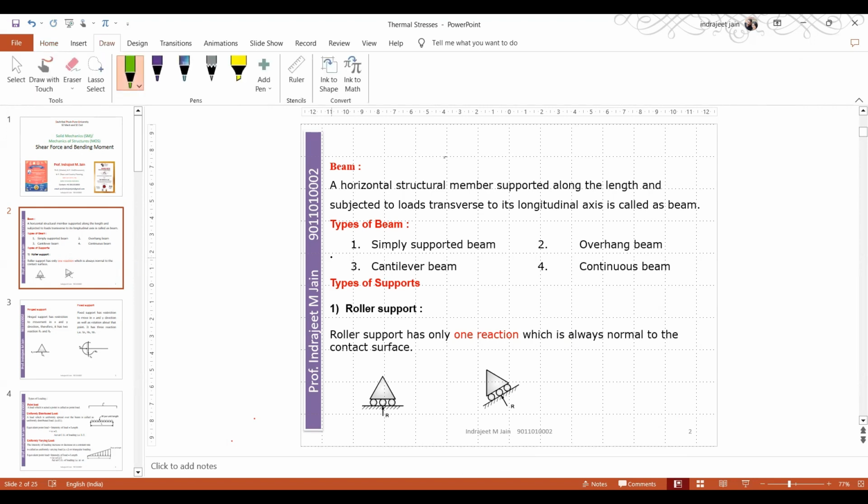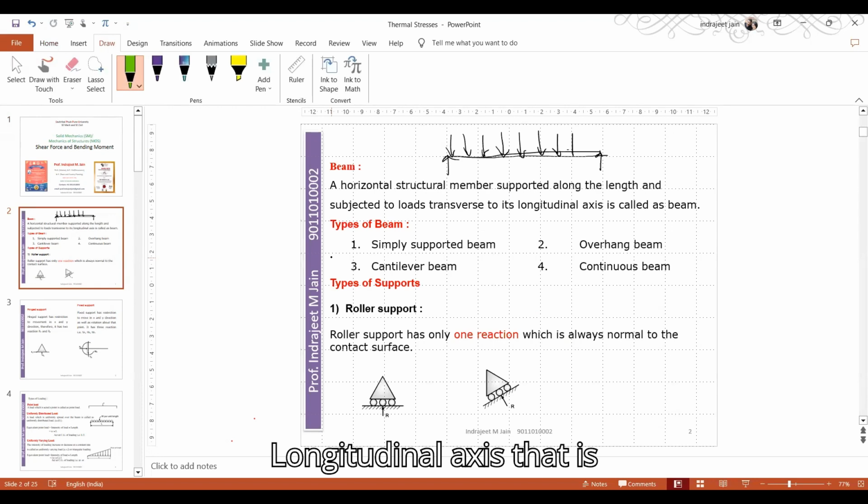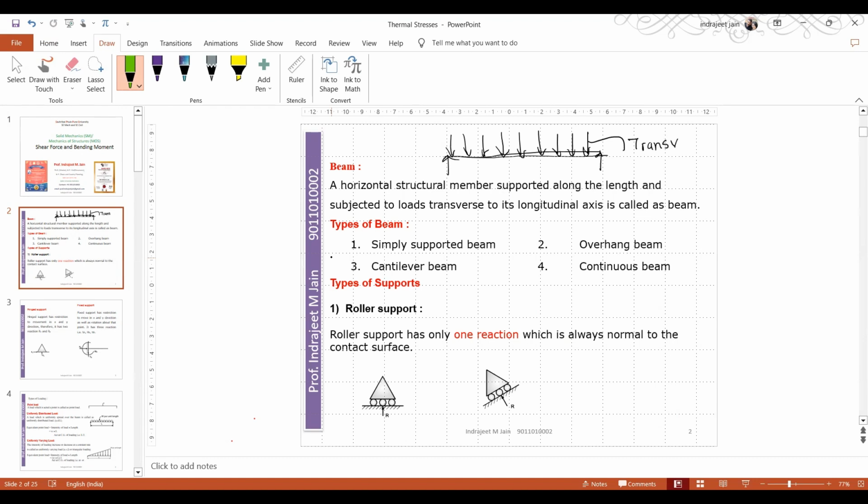Suppose this is your beam, this is the beam, and this is the centroidal axis of the beam. The load which is perpendicular to the longitudinal axis, that is called as transverse load. Clear?